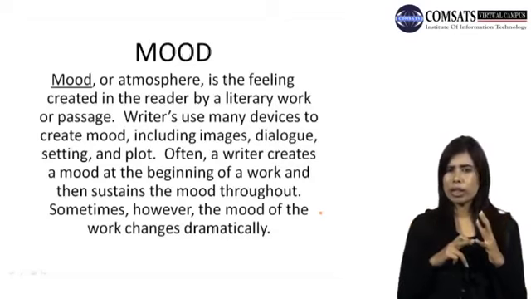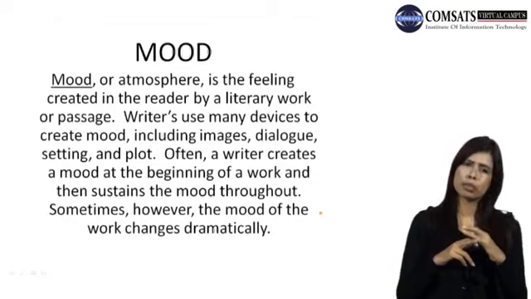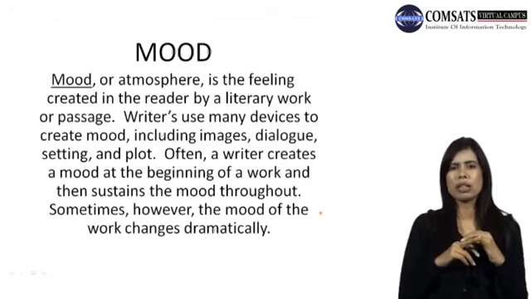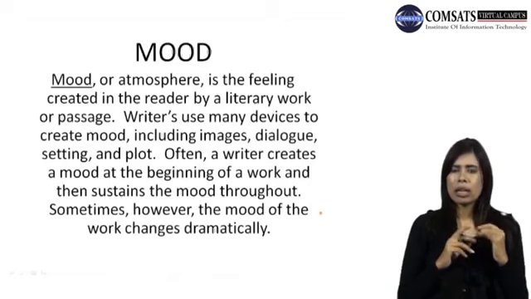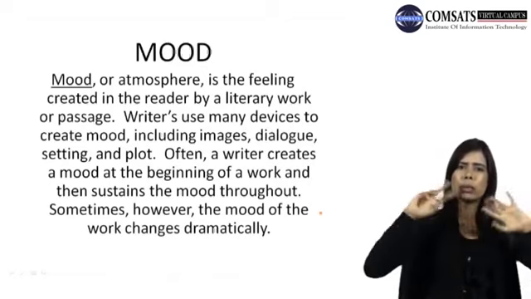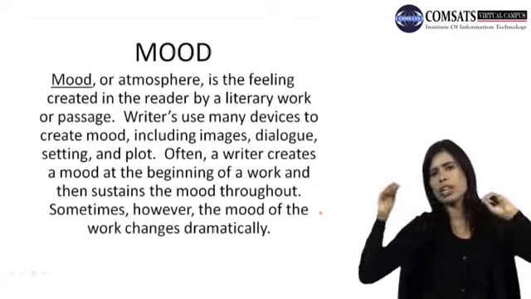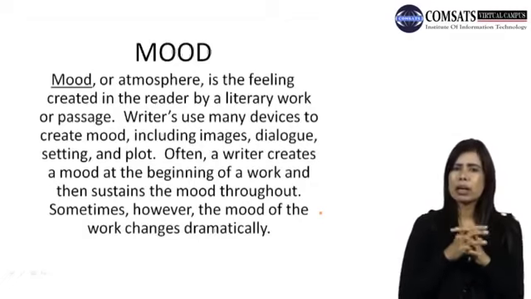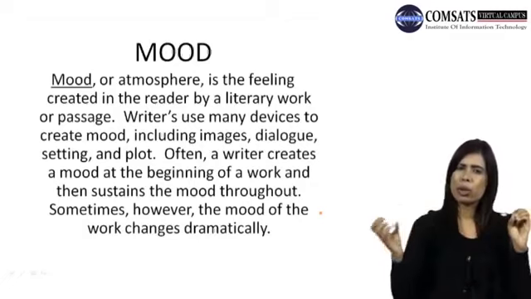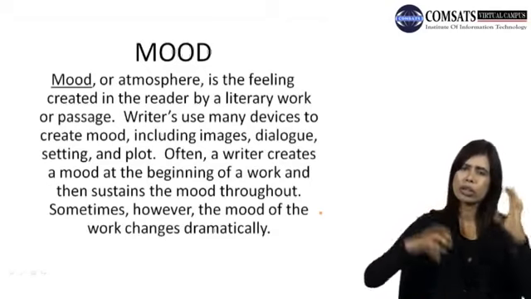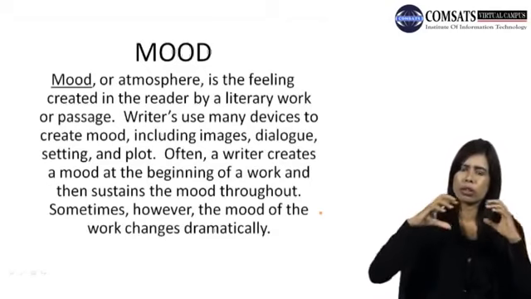They can use different kinds of images. For example, if there is an image of war, the reader may feel depressed and sad. Dialogue: for example, if two friends are engaged in a dialogue, you are bringing your reader into the discussion, as they are talking to each other.